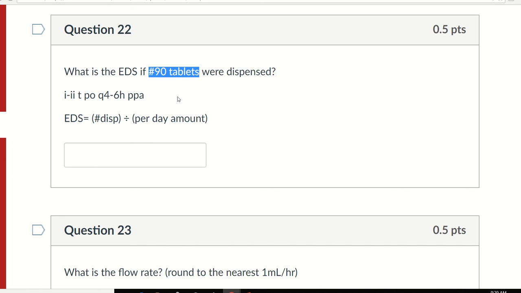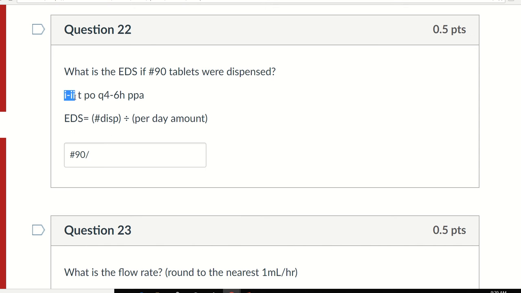We're always going to assume that the patient takes as much medication as they can in a day, so we always want to go with the maximum. You take the amount dispensed, in this case 90, and divide it by how many they can take in a day.